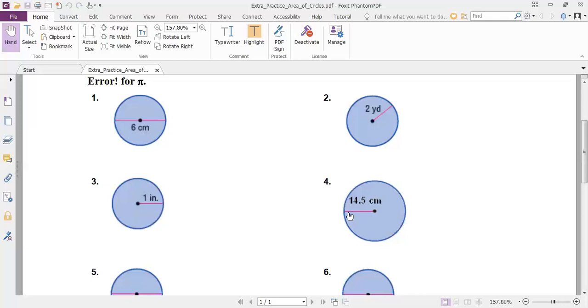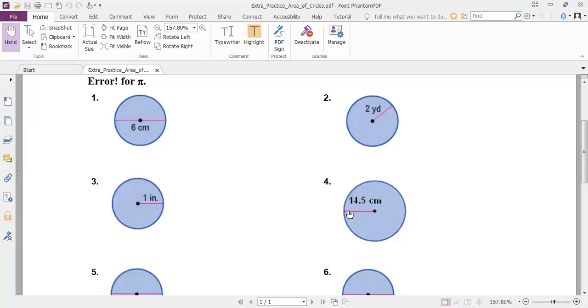What do we have in this case? 210.25. Faisal, check your answer again. I do it with 3.14 times 14.5 power 2, which means 14.5 times 14.5, not times 2. 14.5 multiplied by 14.5 equals 210.25.